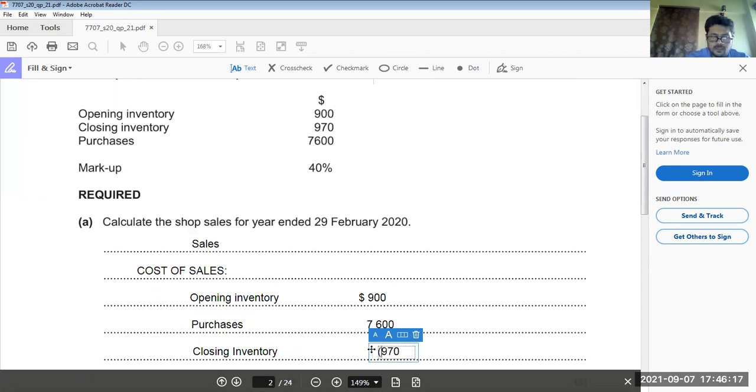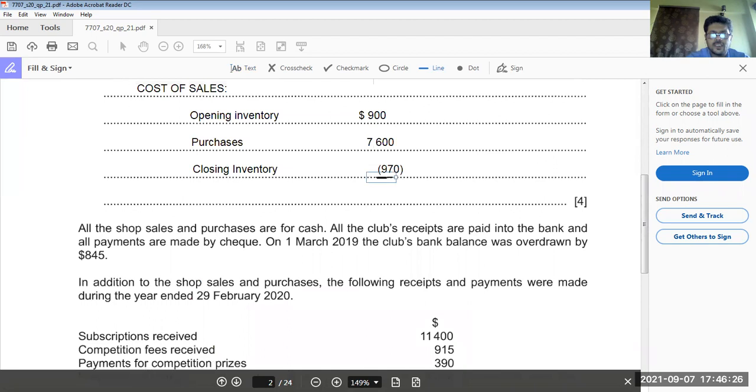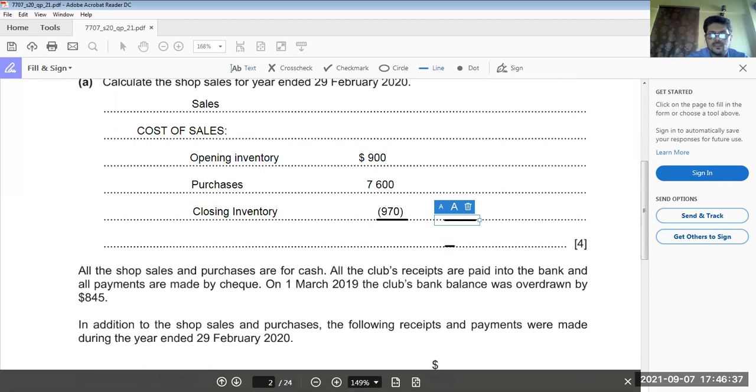It should be in brackets because, as I told you every time, don't forget to write a bracket on negative figures. So now the cost of sales is how much? 900 plus 7,600 minus 970. This is 7,530. Should be in bracket.